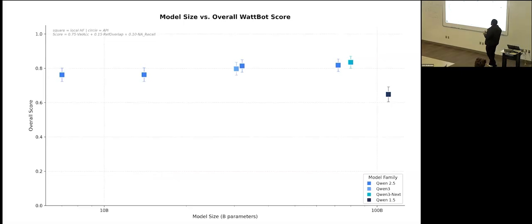So we want to also look at the model size and how this affected the entire WattBot score. This would probably tie with the first graph that we see.